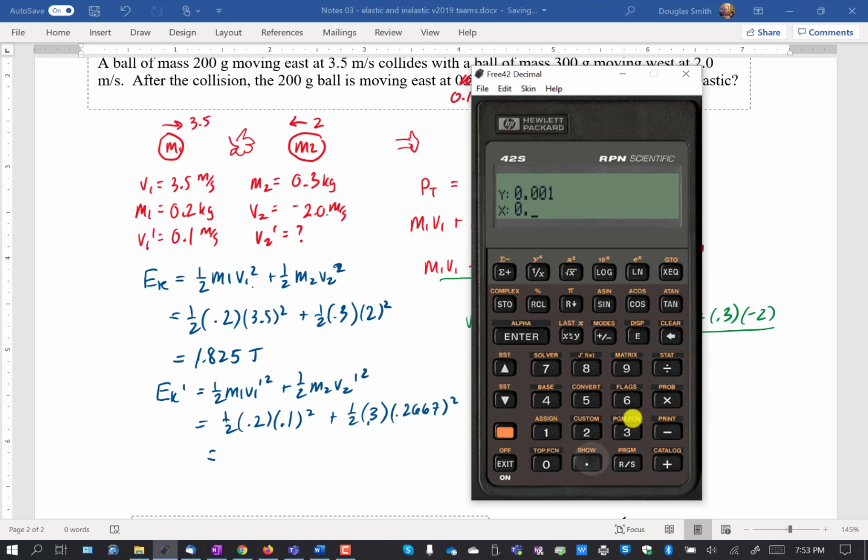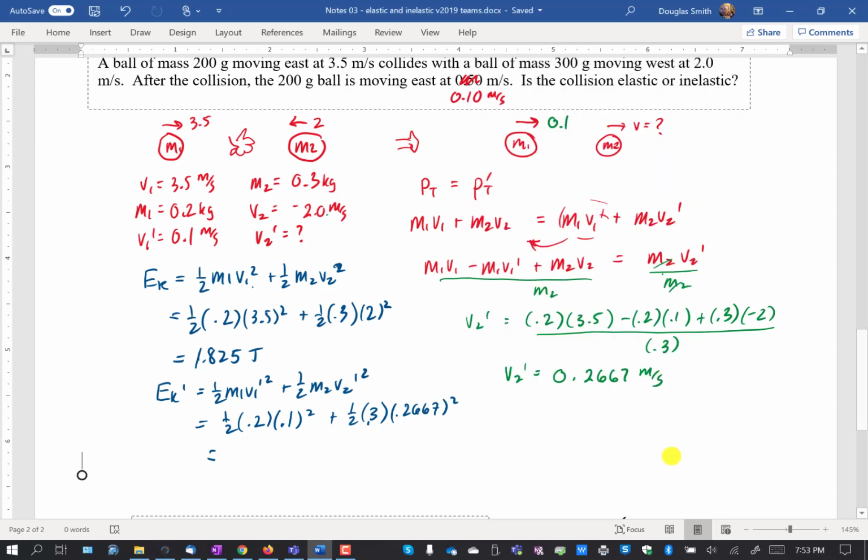That's that one. 0.3 divided by 2, 0.2667 squared times, add them together, 0.00117. There you go. Definitely inelastic, no question. So we could have never used kinetic energy to solve for that V. It would never have worked out properly.